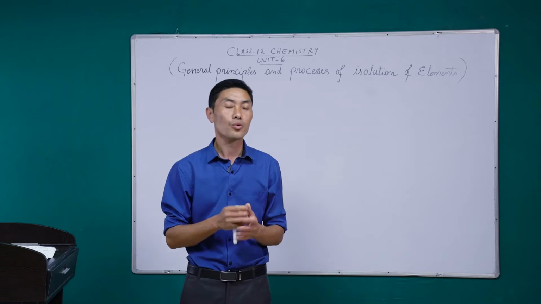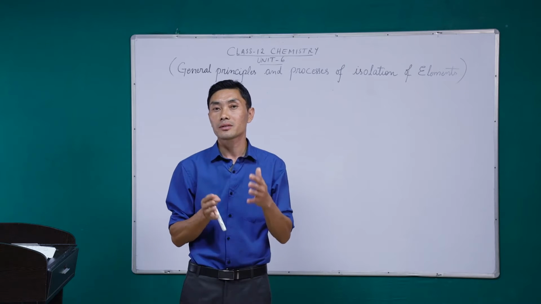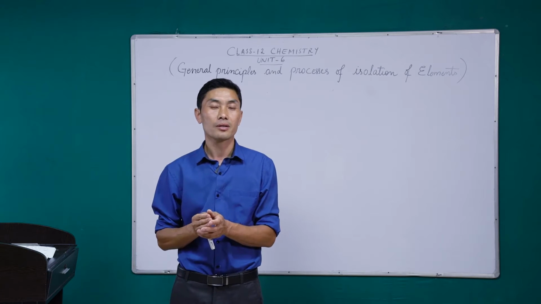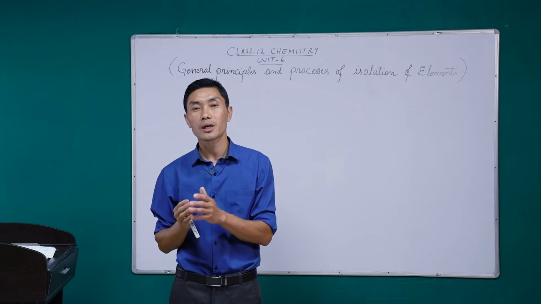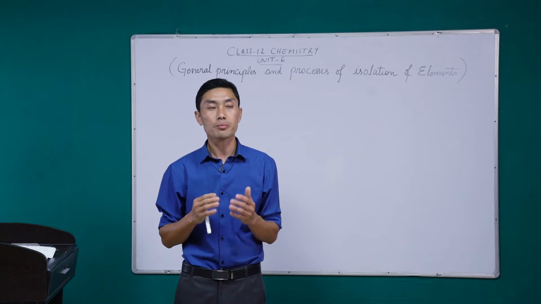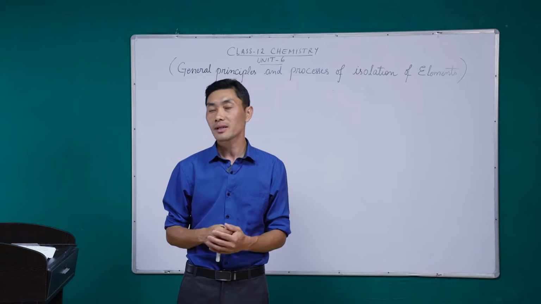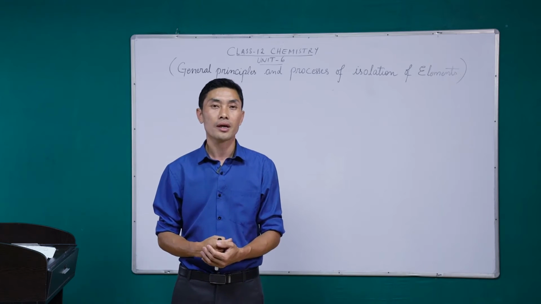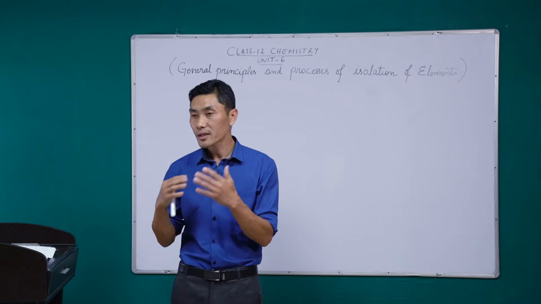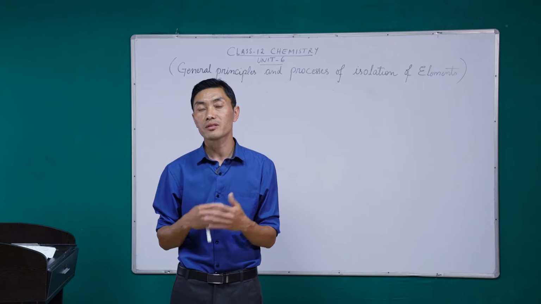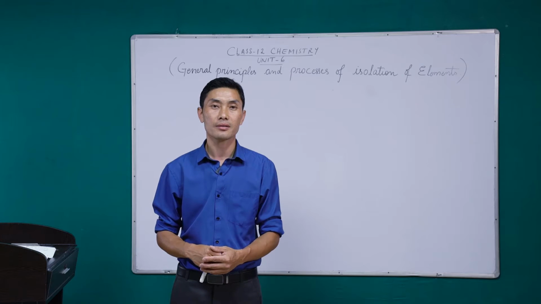So from there, we understand that there are some metals which are very highly reactive, whereas there are those which are very less reactive. Those metals which are very less reactive will not react easily with other elements, and therefore inside the Earth's crust these metals will be found in the free or uncombined state.